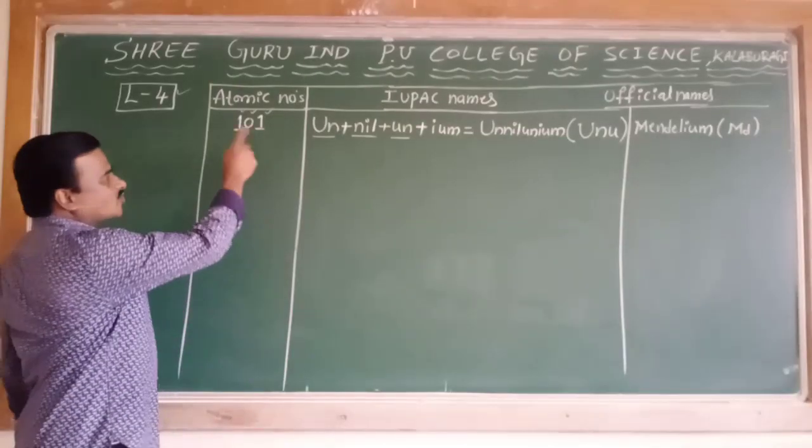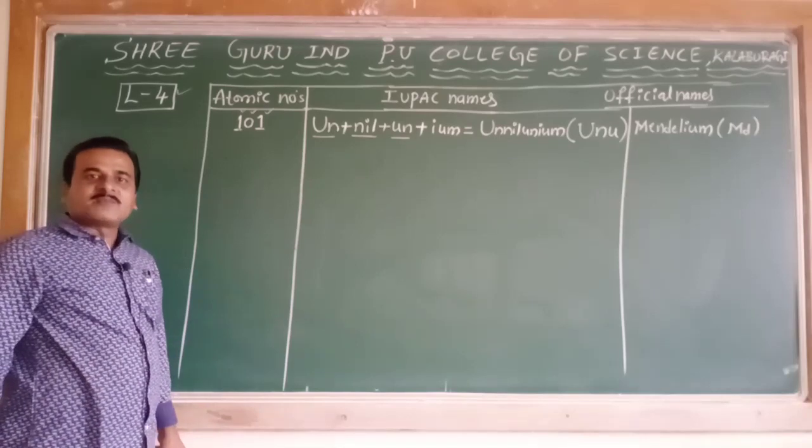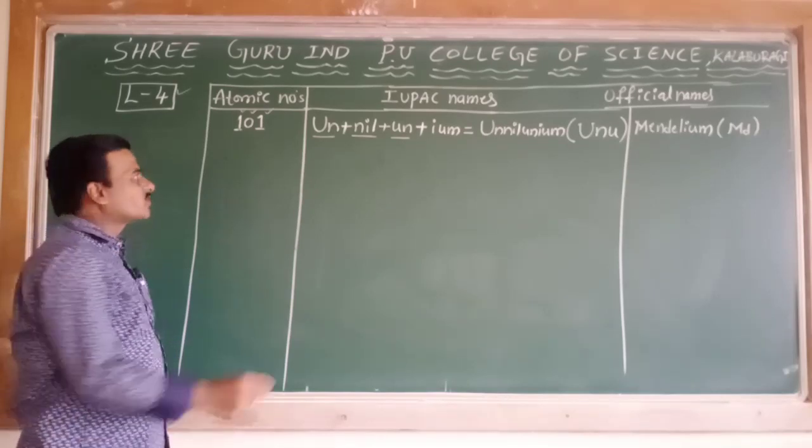Second, how to write the IUPAC name of the element with atomic number 102?